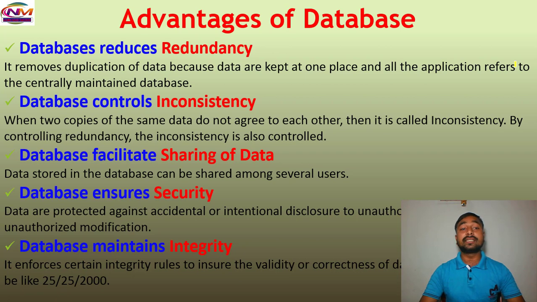Database controls inconsistency. When multiple mismatching copies of the same data appear, that is called data inconsistency. That is also not allowed, because when it checks for duplication, it will show that the data is coming at the same time. Data inconsistency means the same type of data is not allowed, and it is controlled by the help of the database management application.